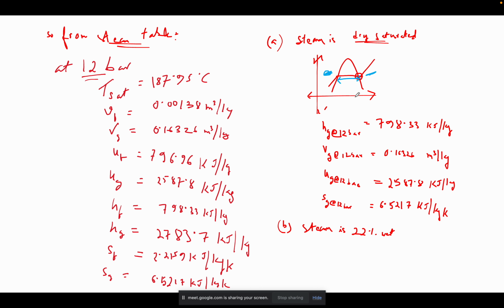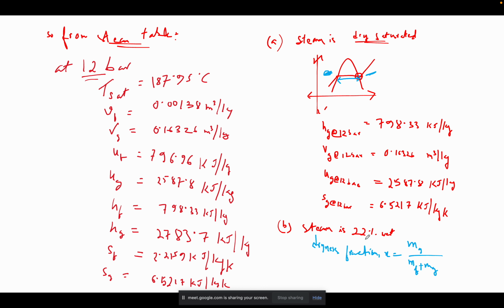So if it lies within this region, how do we calculate? First of all, we need a value called the dryness fraction, which we denote as X. It is basically the mass of the gaseous steam divided by the total mass of the steam, that is mass of the liquid plus mass of the vapor.